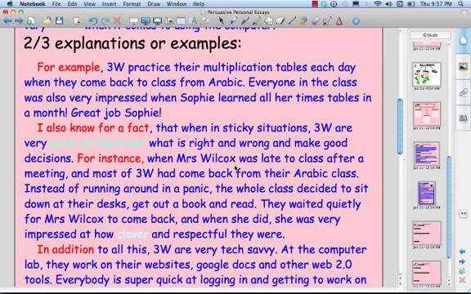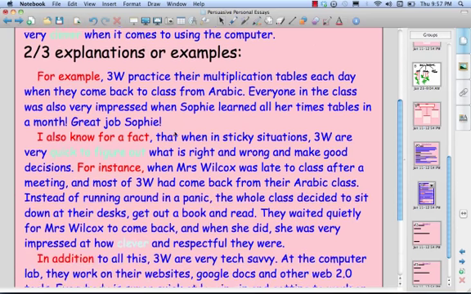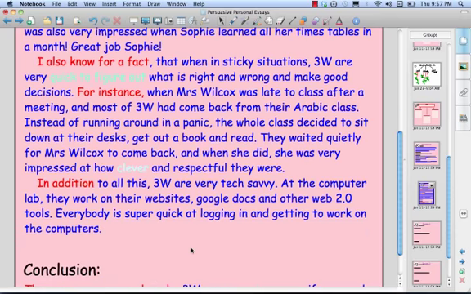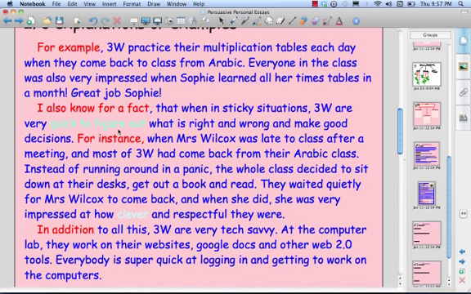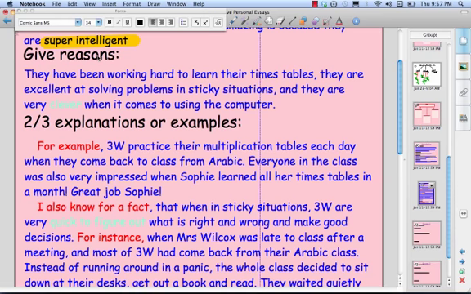Here are my explanations and examples. So I've expanded on these three reasons and examples to write a full paragraph. Now here I've actually separated into three different paragraphs because I gave three different explanations here. Now I'm actually going to change this to examples.